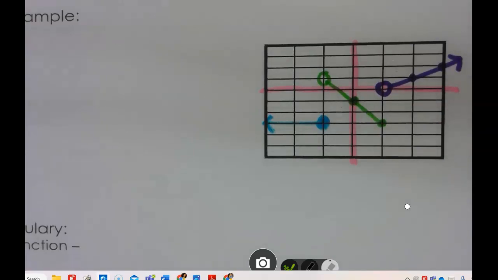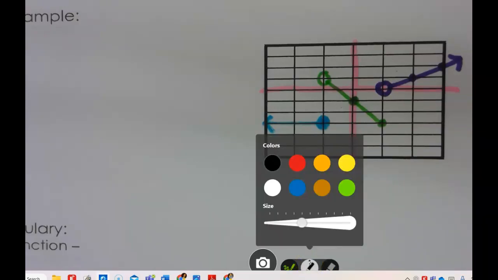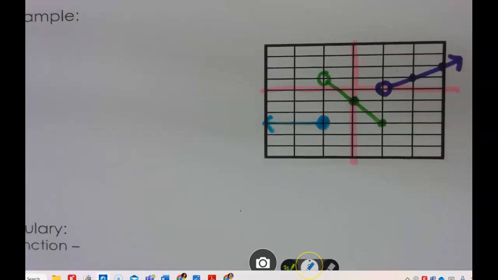So this is a piecewise function. It has 2 breaking points. Its domain is all reals. And then what we're going to do is write our equations for each of them.